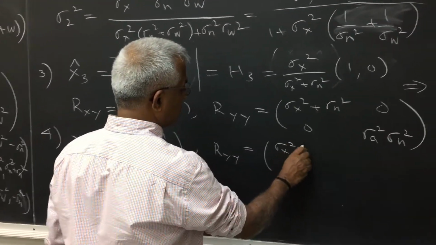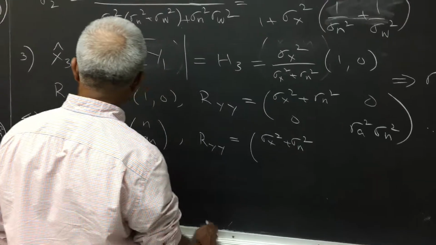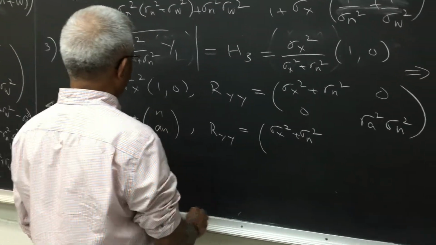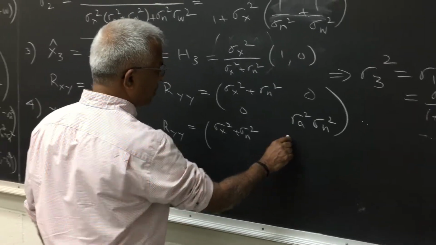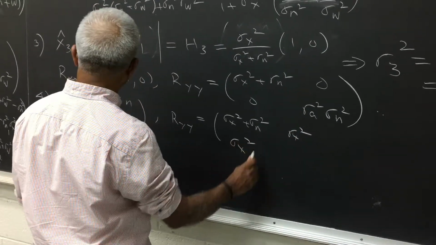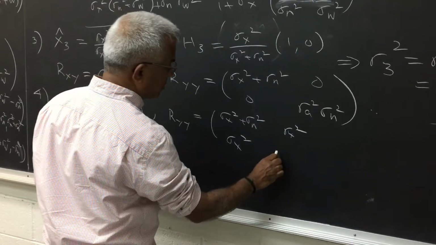sigma x squared plus sigma n squared, right? And this is sigma x squared, and the off-diagonal entry will be sigma x squared.